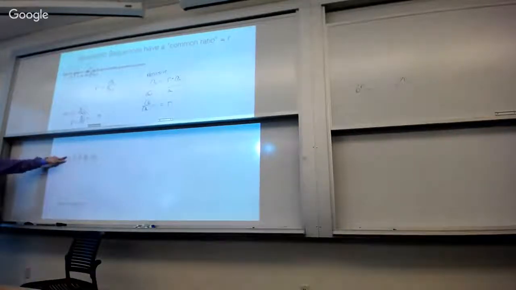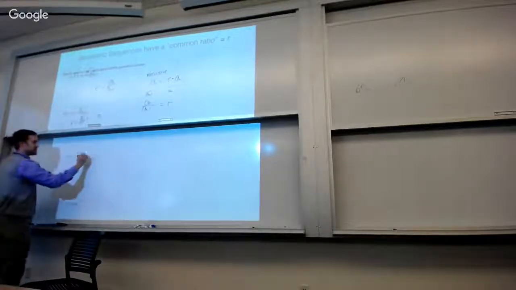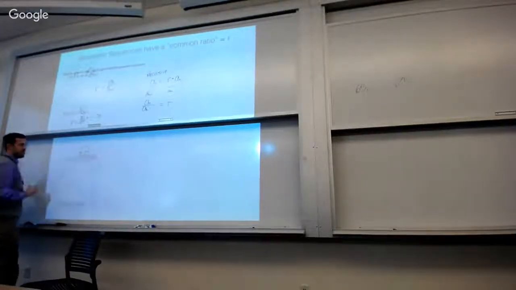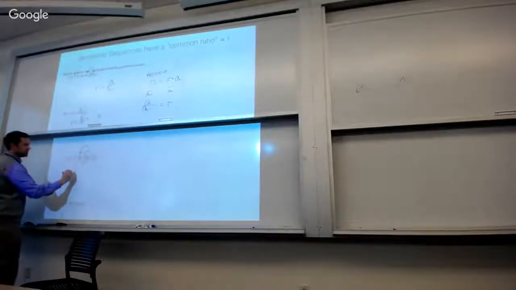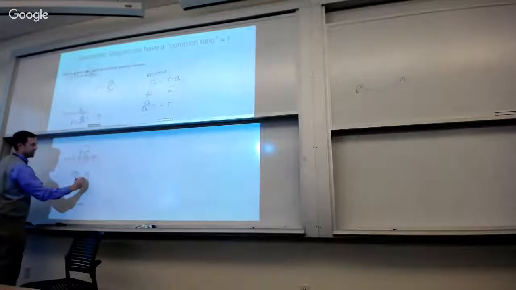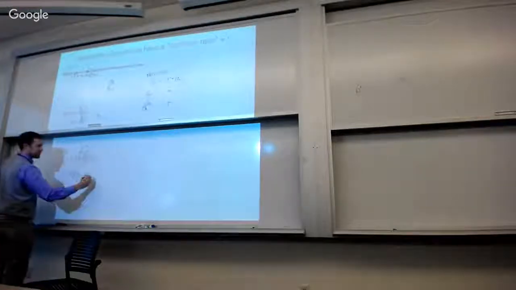And what about when you have a fraction? How do you find the common ratio when the terms are all fractions? You could still implement the same strategy, right? You could take any given term and divide it by the term in front of it. So I can take 256 thirds divided by 64 thirds, and then know that dividing by a fraction is the same as multiplying by the reciprocal.